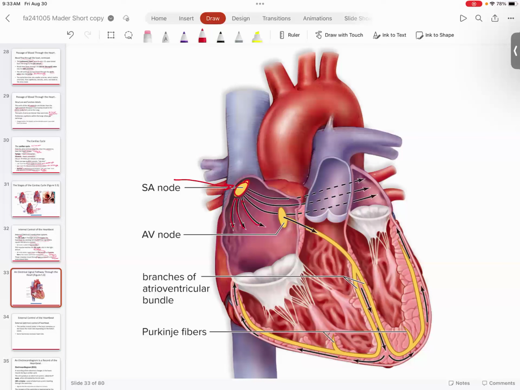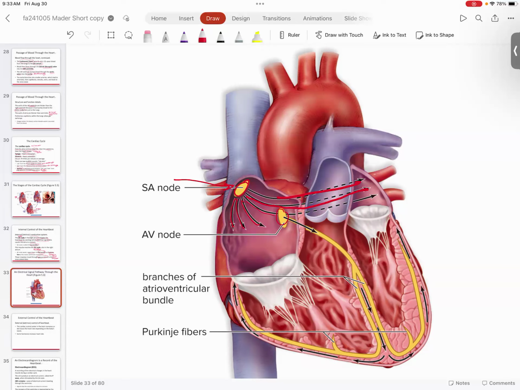You can see it's sending it to its own atrium, the right atrium, but also through to the left atrium, where both atria contract at the same time. And then it's also sending that message to the AV node, a little further down. Its job is to process that information, and then it sends it into the AV bundle.